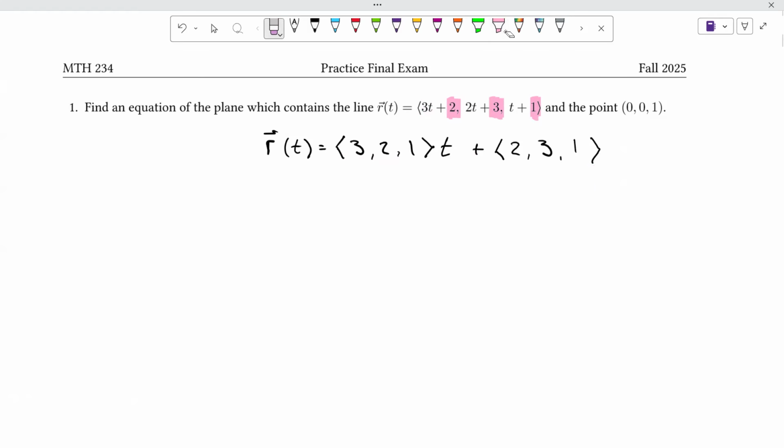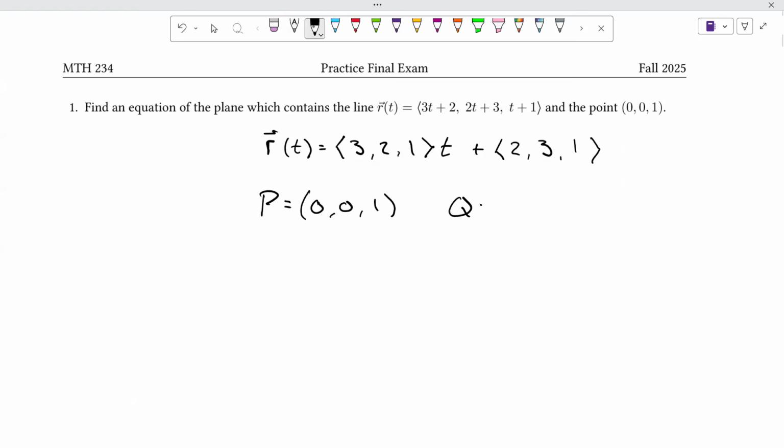But with those parts complete, what do I have? I split my line apart into a direction vector, which needs to lie in the plane. So that's our first vector found, and a point that's on the line. Because the line is in the plane, the point is also in the plane. So if I combine my powers here, I can say that I have a point P, which is (0, 0, 1). That one was given to us.